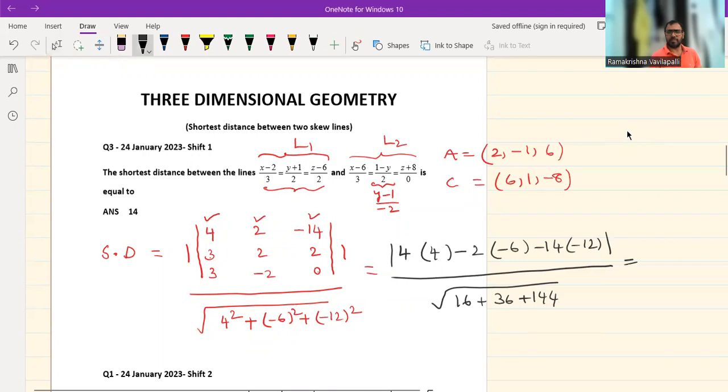So after simplification, you will get this value is 196 by denominator is 14. So the shortest distance is 14. So it is just one determinant application, shortest distance between two skew lines. Before we apply this formula, take care of that given lines must be in standard form.